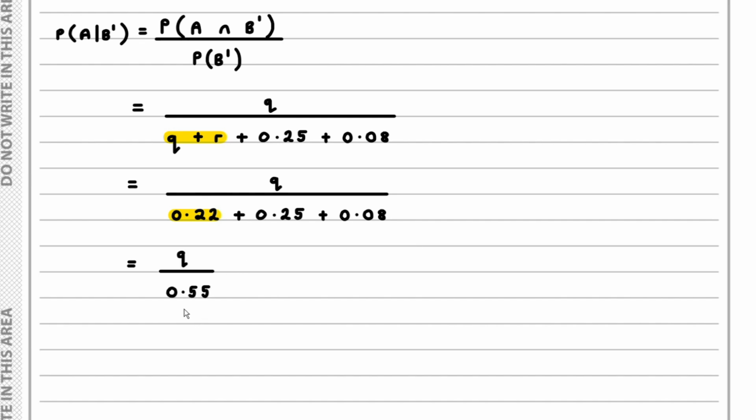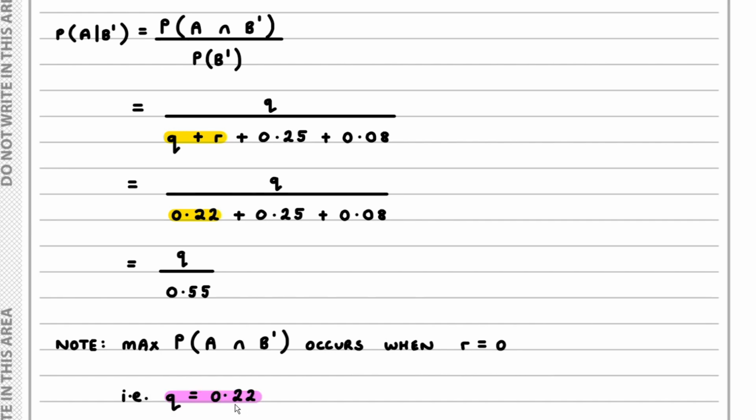Now, the maximum value of A and not B occurs when R is equal to 0. In other words, when R is equal to 0, because we know that Q plus R is equal to 0.22, what this statement means is Q is equal to 0.22.